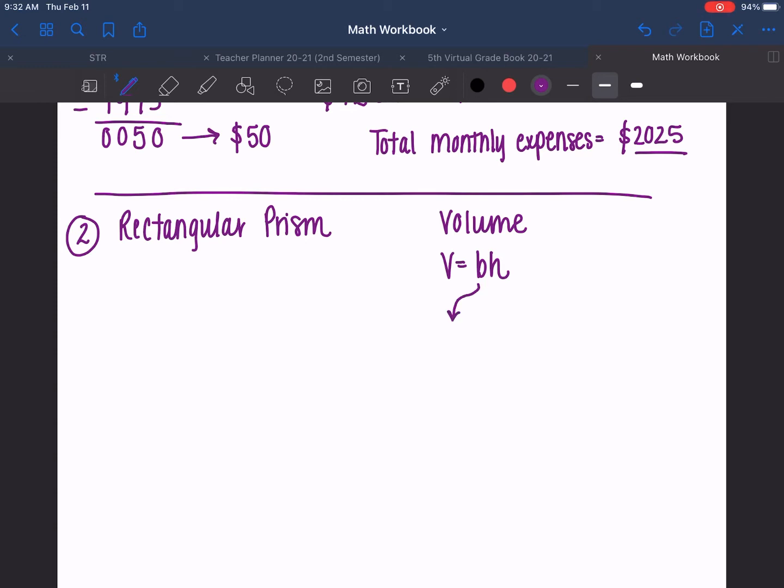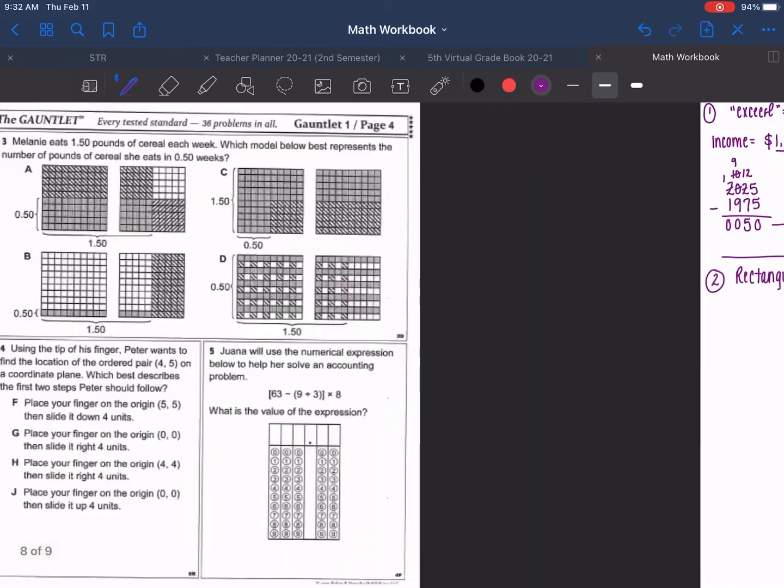But to get the base of something, we typically have to do length times width. So what we can do is we can pull down this H, and our new equation can be V equals length times width times height. So let's go back to our original Gauntlet page and let's look for the length, width, and height of our rectangular prism.